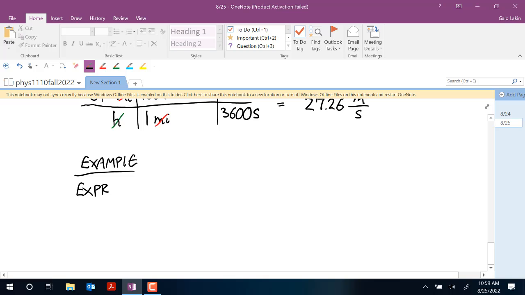So I want to express 38,640 yards per minute squared in meters per second squared. This unit type is acceleration, and we're going to get to that and use that a lot a little later on.